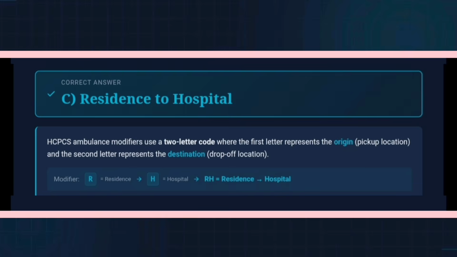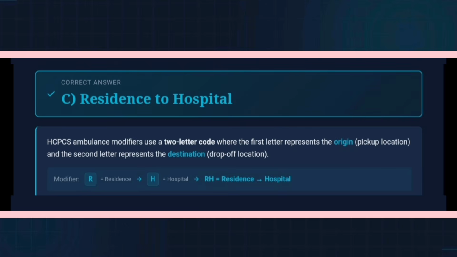HCPCS ambulance modifiers use a two-letter code where the first letter represents the origin and second letter represents the destination. So in the question, RH means residence to hospital. So first letter is origin, that is residence, and second letter is destination, that is hospital. You can find this in your HCPCS manual.